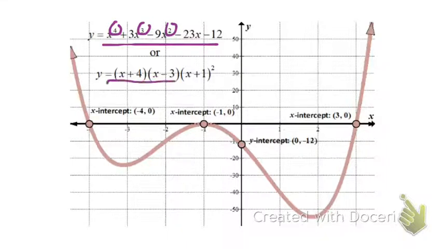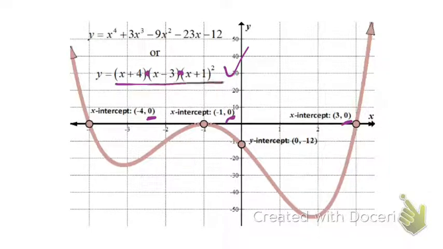You can also have it in factored form down here, and when it's in factored form you can tell a lot about the graph. You can tell the x-intercepts, because the x-intercepts are what make y equal to 0. So if it's factored, any x value that makes any of these factors 0 will make y equal to 0.